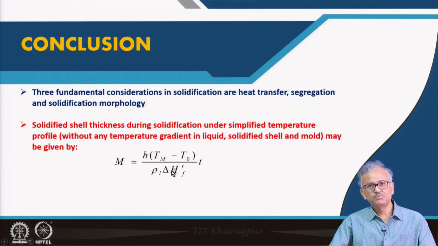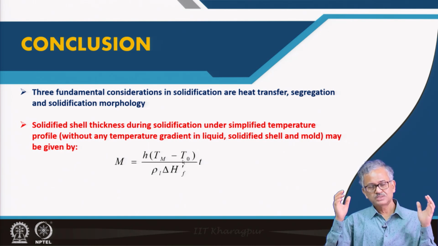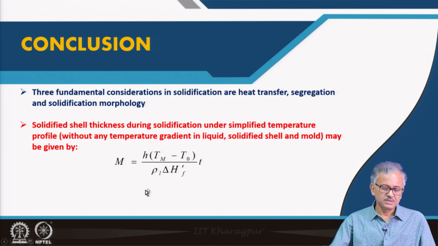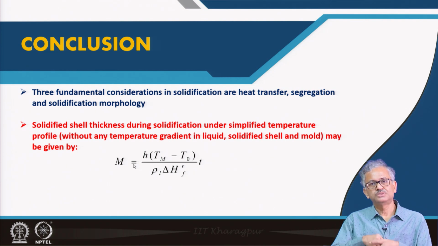You can use this formula for a metal mold, that is for a batch casting process like ingot casting. If you want to calculate how much time the liquid steel will take for casting, you can use this formula.